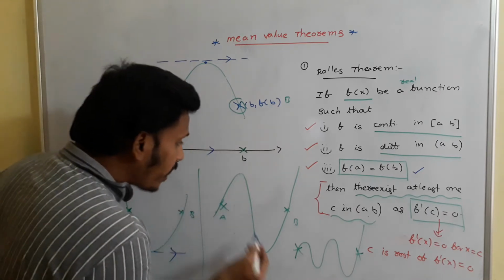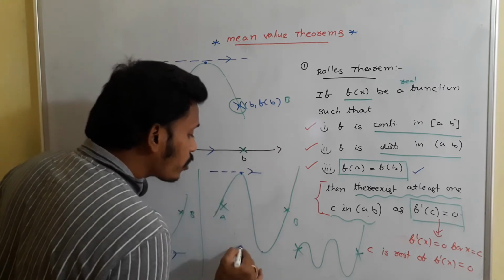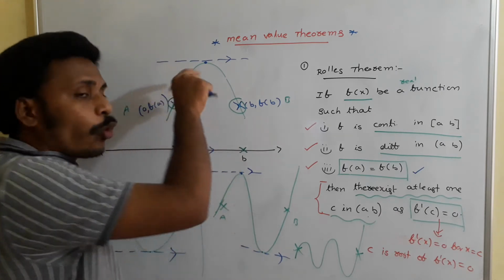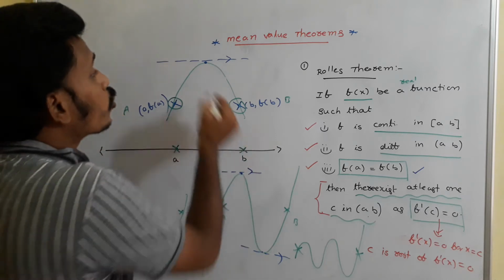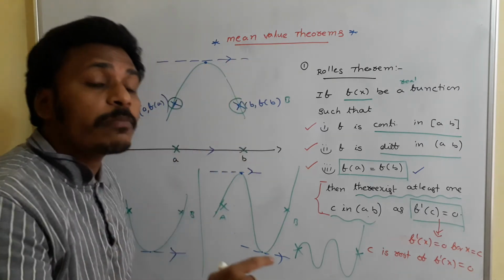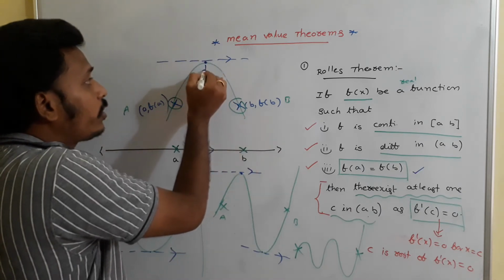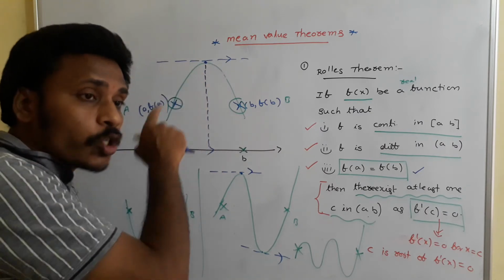If it rolls twice, at these turning points, if you sketch the tangent, those tangents are parallel to the x-axis. Since tangents at these rolling points, at these turning points, are parallel to the x-axis, the slope of this tangent is 0. Right? Slope of tangent means what? Derivative, f dash of x at this point. So this point is our C. Somewhere at this point the graph is rolling.